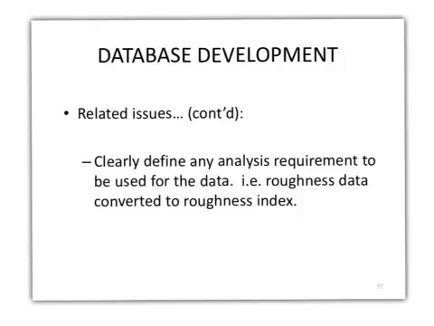So from the very beginning, you have to identify how to convert the roughness data that you measure based on your local agency's procedure to more or less a national number that everyone can understand within your system, within your county, within your district, and beyond.